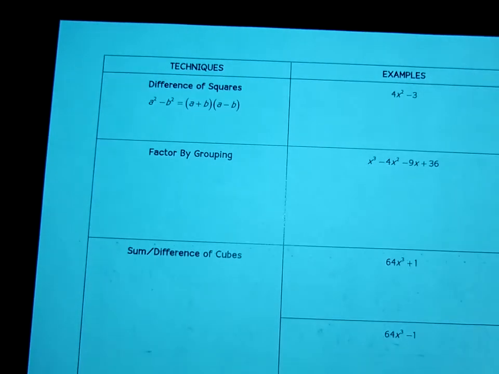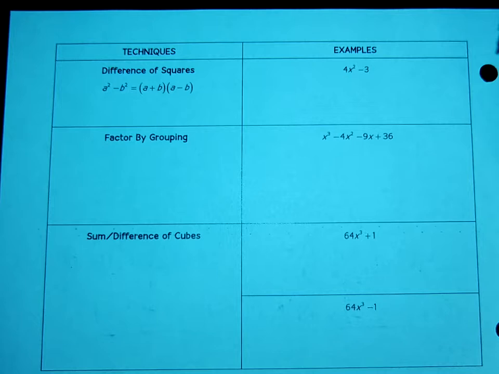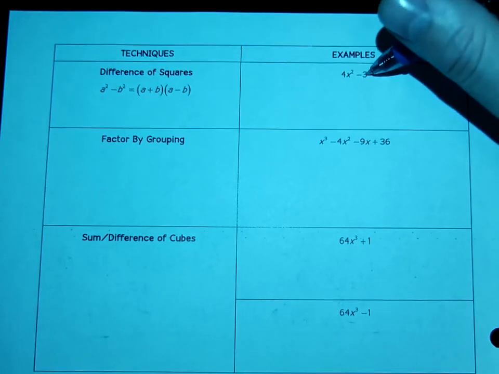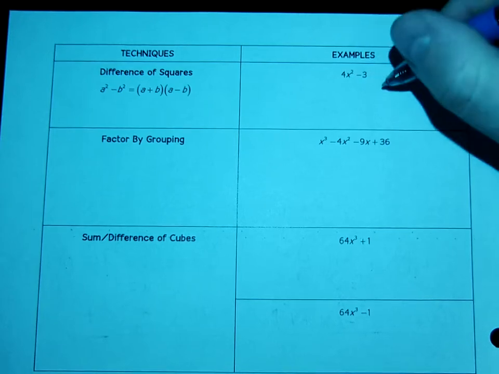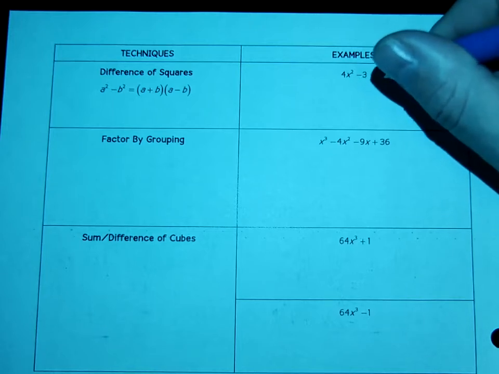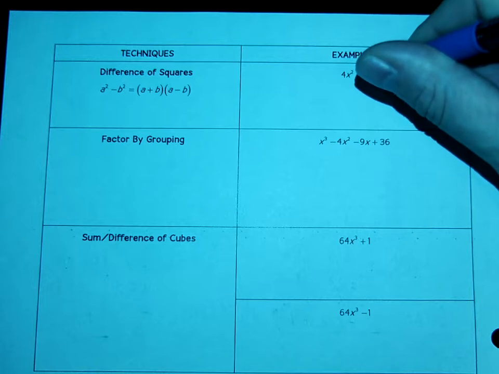Okay, on the back here, difference of squares. This is a squared minus b squared. This is not a good example of a squared minus b squared because look, it's not perfect roots. This was supposed to be a 36 at the end. It got mixed up. If these are both perfect squares, it's supposed to be 36.